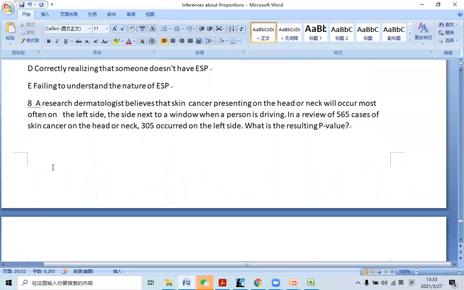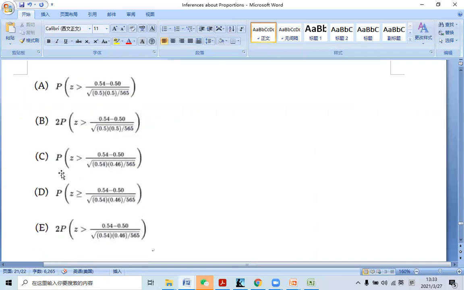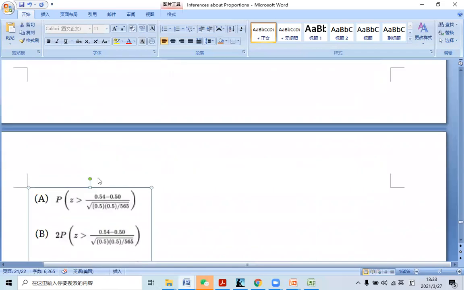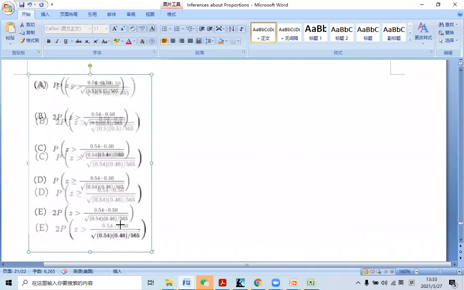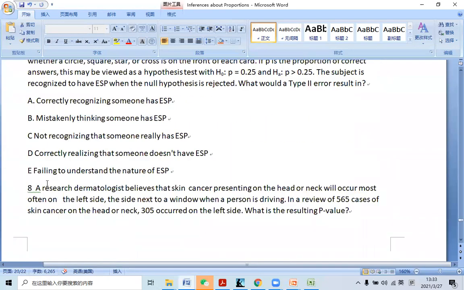Question 8, look at this one. A researcher believes that skin cancer on the head or neck occurs most often on the left side, because the left side is where you face the sun when you're driving.